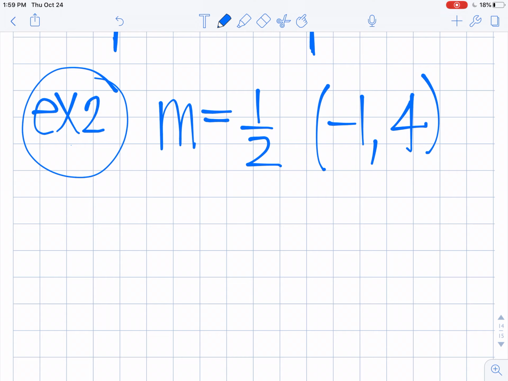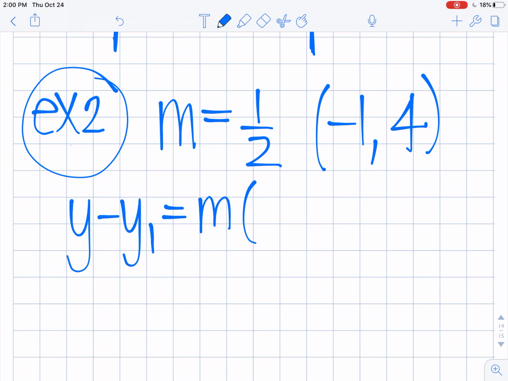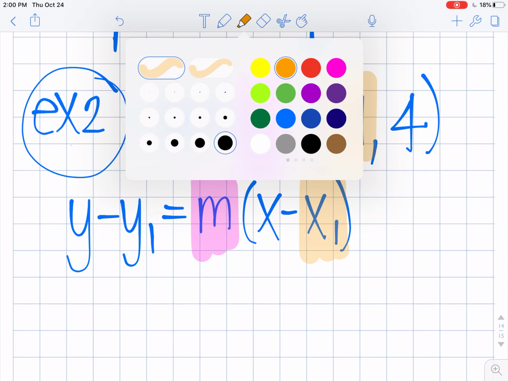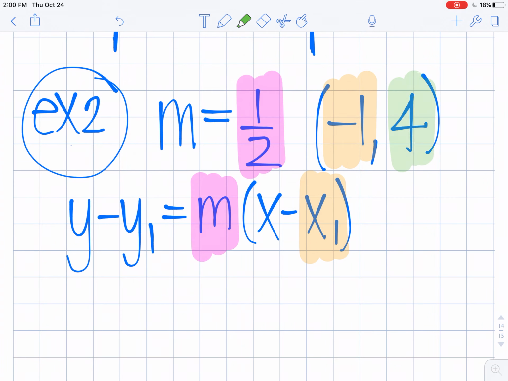So I'm still going to use my same equation: y minus y1 equals m times x minus x1. Let's pick out our stuff. Here's my slope, which is 1/2. My x value is -1, and my y value is 4.